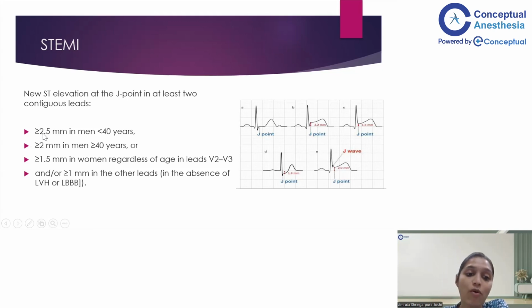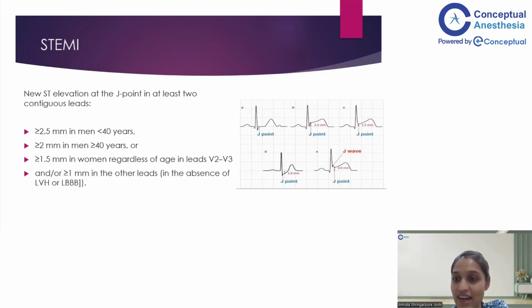When you have more than 2.5 mm in men less than 40 years, with a lower threshold for men more than 40 years, and more than 1.5 mm in women regardless of age in leads V2, V3, and more than 1 mm in the other leads, then it is all pointing towards ST elevation MI.